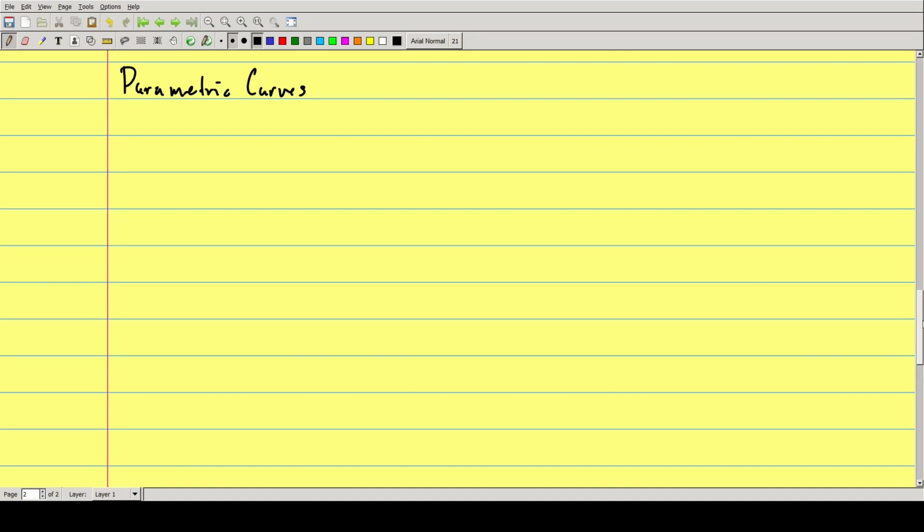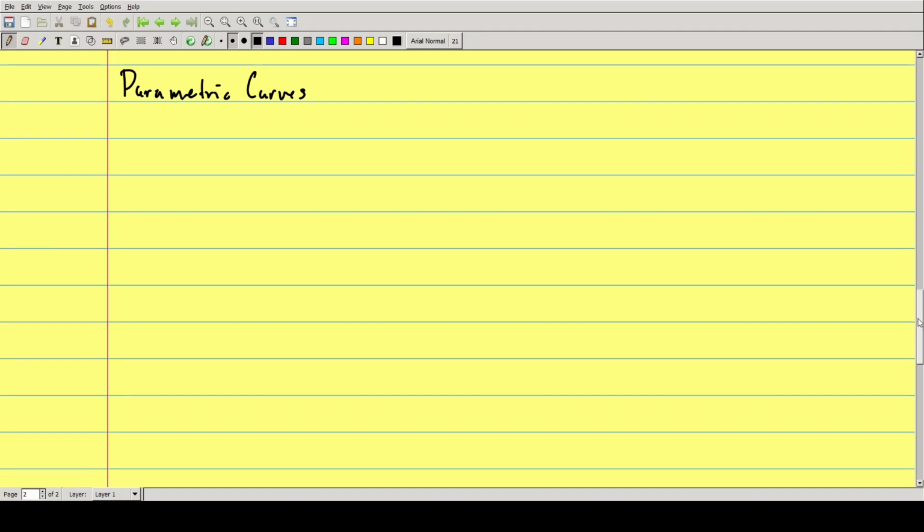All right. With this understanding of vector functions, we can also talk about what are referred to as parametric functions. And the idea is that we also call these space curves.